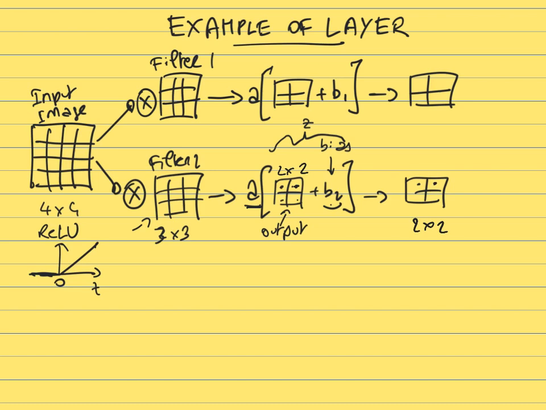So now that you have this, this is the step of the activation. We have the convolution step, and we are going to combine the convolution with an activation. If you think about this, it is very similar to the operations you have in an artificial neural network.